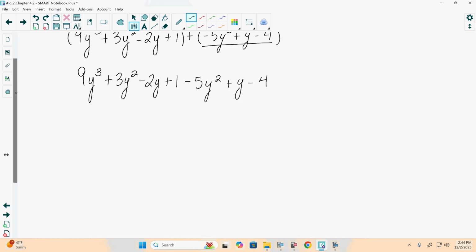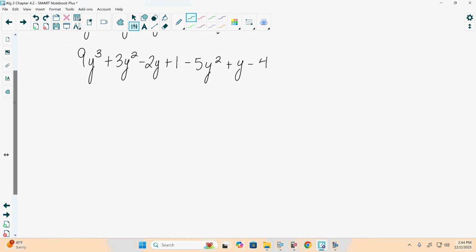Now, at this point here, we can start combining like terms. One thing we could do is go through and rewrite it so that our like terms are next to each other. 9y cubed doesn't have any like terms, so it's just 9y cubed. Our next set would be our y squareds.